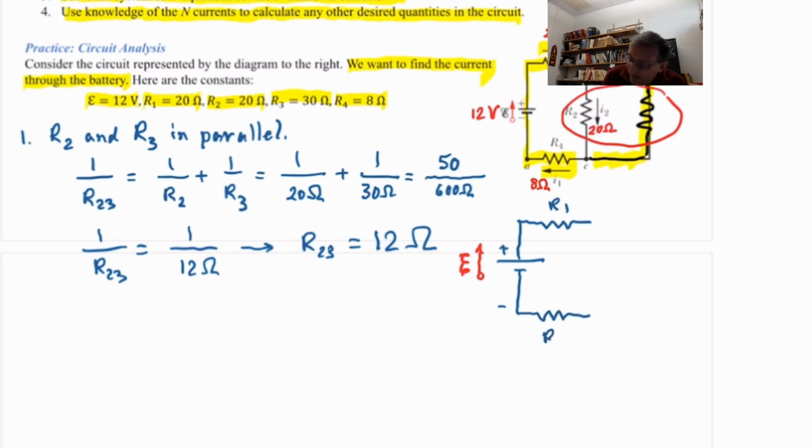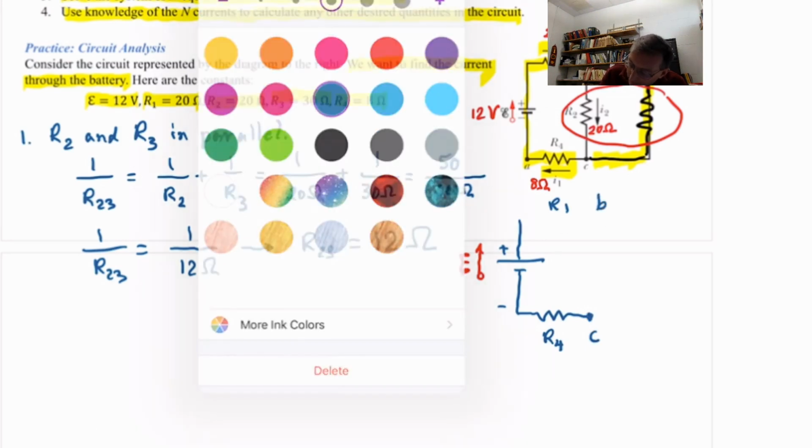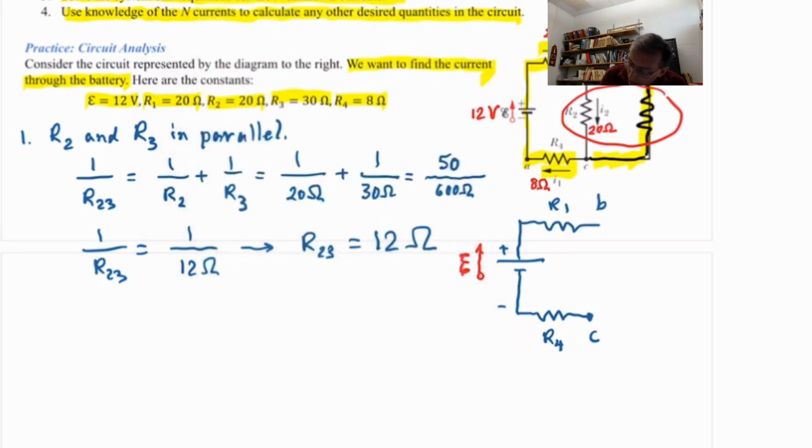Resistor R4 is there. And that's point B, and that's point C. And now between B and C, I have the equivalent combination, R23, just like that.